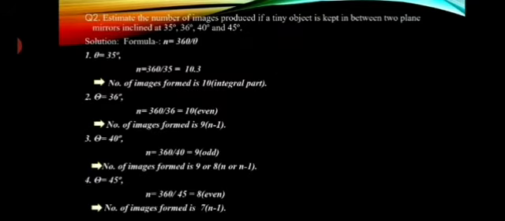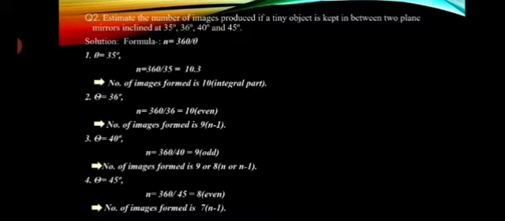Similarly, the next problem is we have to estimate the number of images formed if a tiny object is kept in between two plane mirrors which are inclined at 35 degrees, 36 degrees, 40 degrees and 45 degrees. Here 4 angles of inclination are given. We have to find the number of images for each angle.